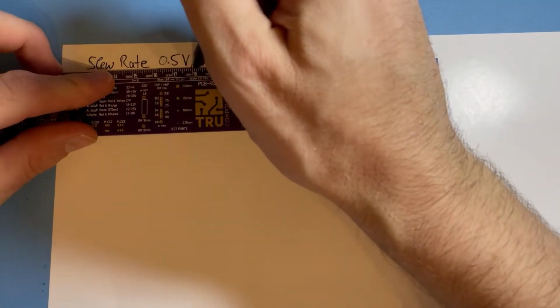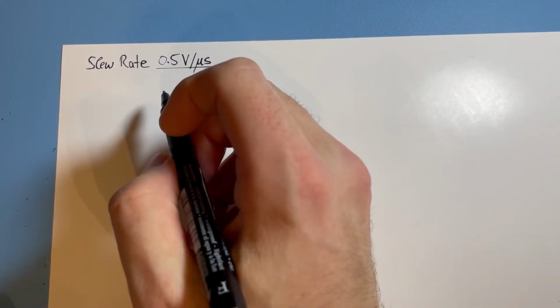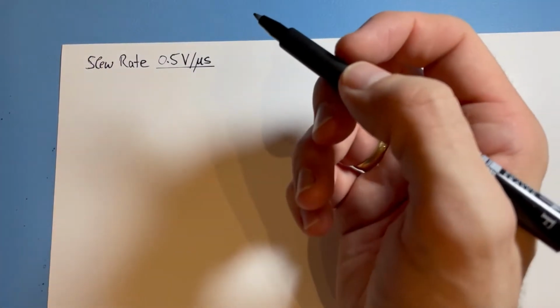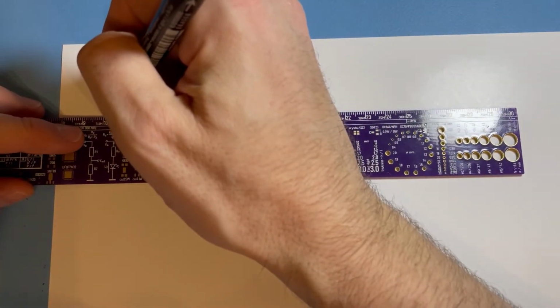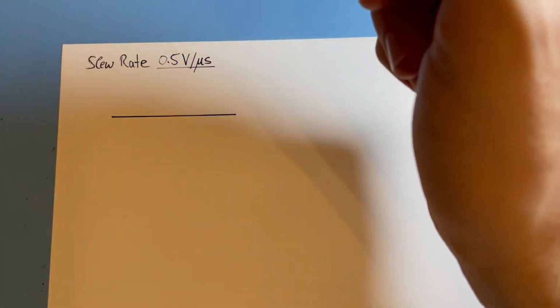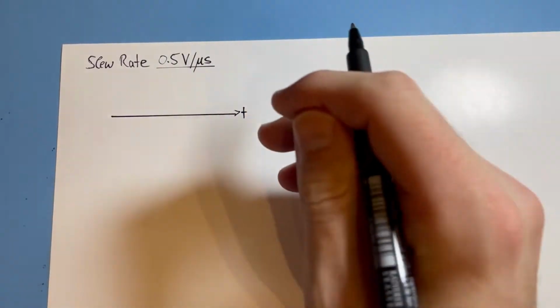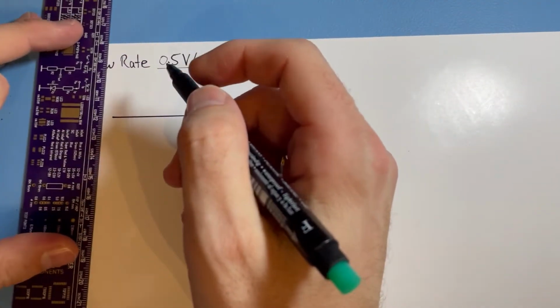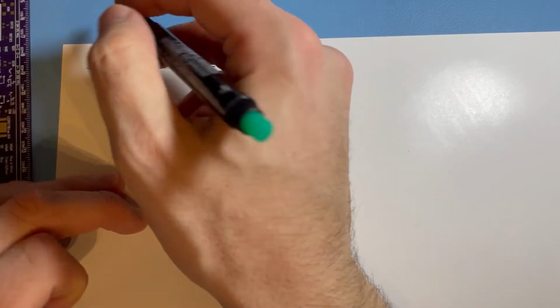Pretty easy. That means if you have a diagram where you have the time moving forward, so this axis is the time, and on the other axis you have the voltage.